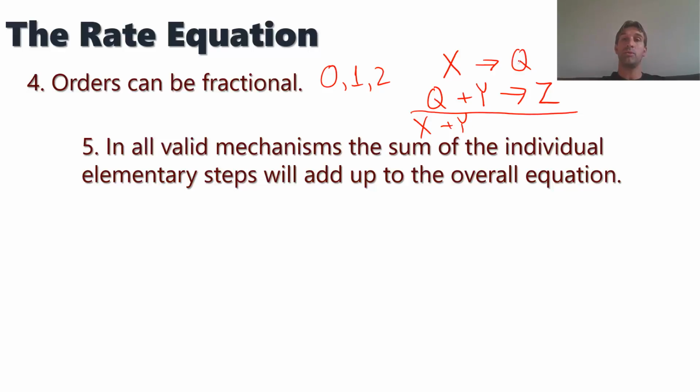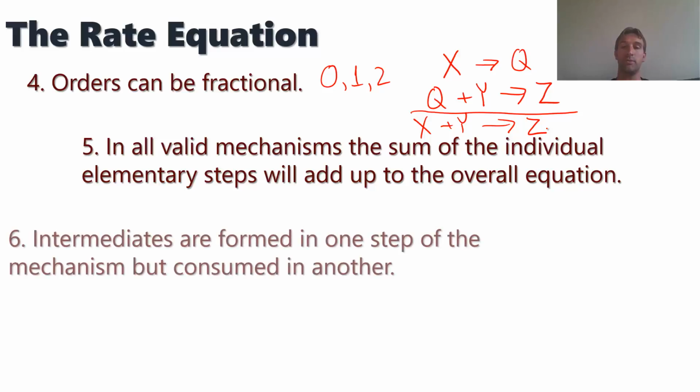But Q, there's one Q on the product and one on the reactant side. So we would leave that out of the overall equation. They cancel themselves out. And Z would then be the only product. So take all of the steps in a mechanism, combine them, and you can add it up to make the overall equation.